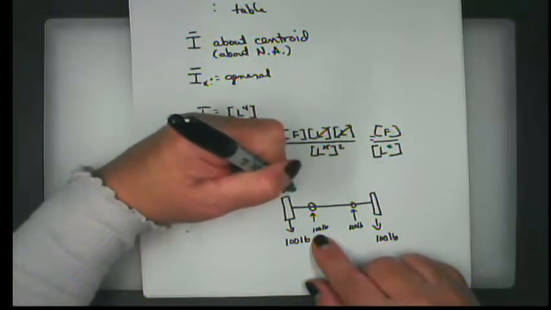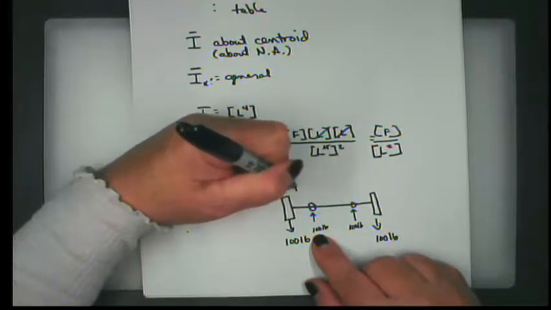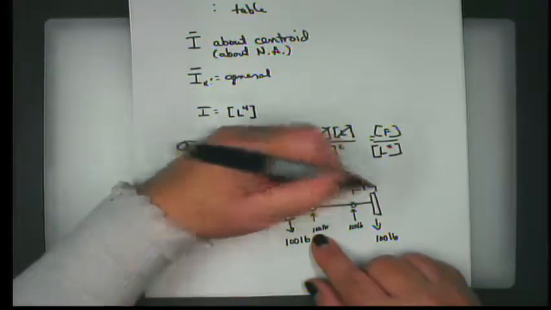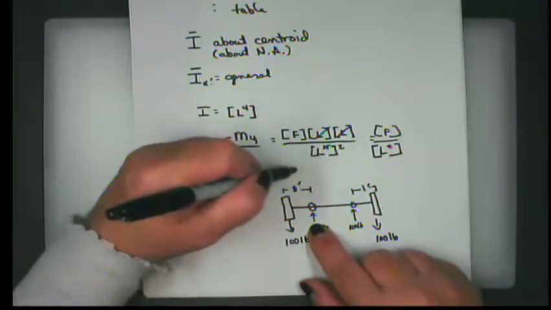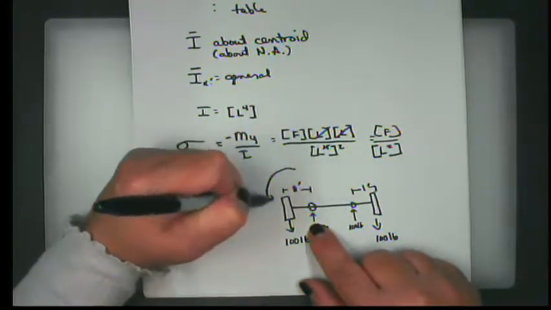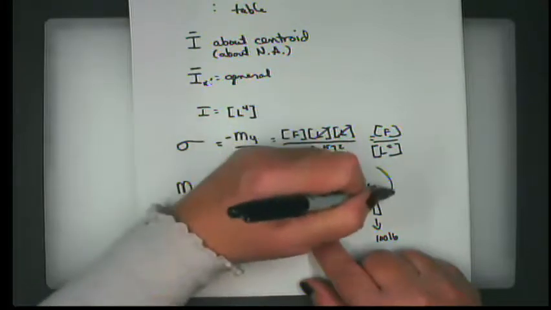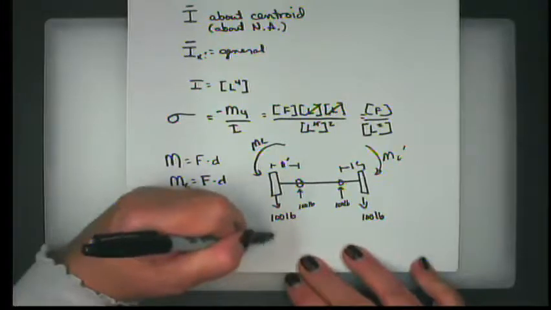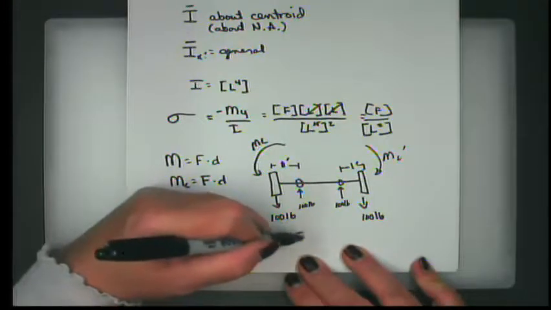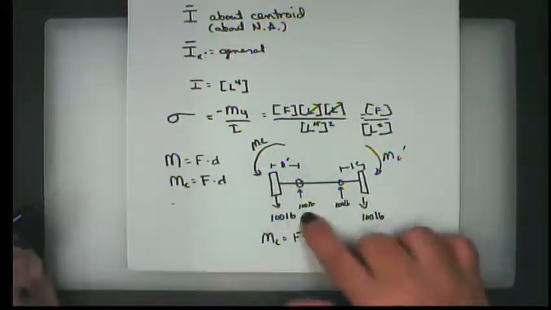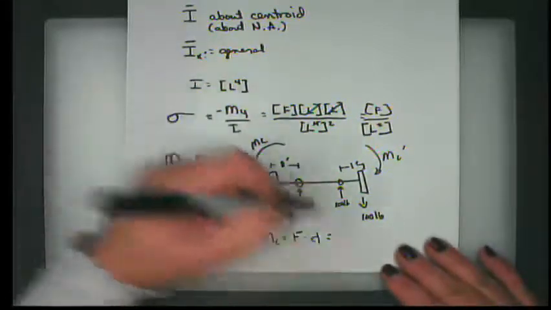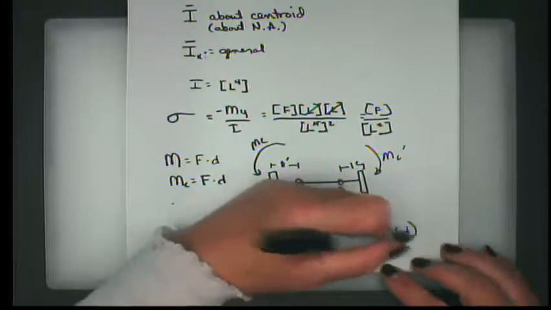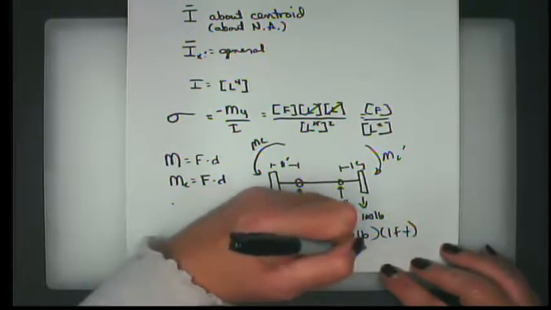If this distance is, say, let's just say 1 foot, just for kicks, this force system is a couple spinning it this way. This force system is a couple spinning it this way, counteracting it, and the moment of the couple is equal to the force times the distance between the two equal and opposite forces. So this would be 100 pounds times 1 foot, or 100 foot-pounds.